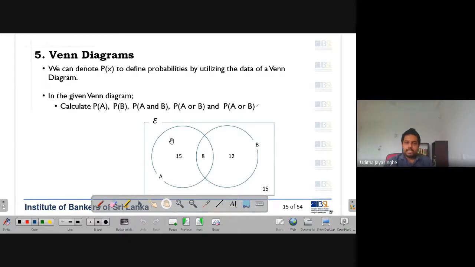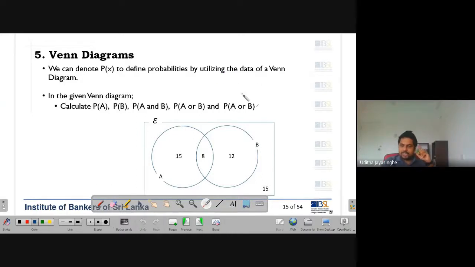We can denote probability P(X) to define probabilities by utilizing the data of a Venn diagram. What do you mean by that? P(X) stands for calculating the probability of any random event. That means we can calculate the probability of any random event by utilizing the data of a Venn diagram.